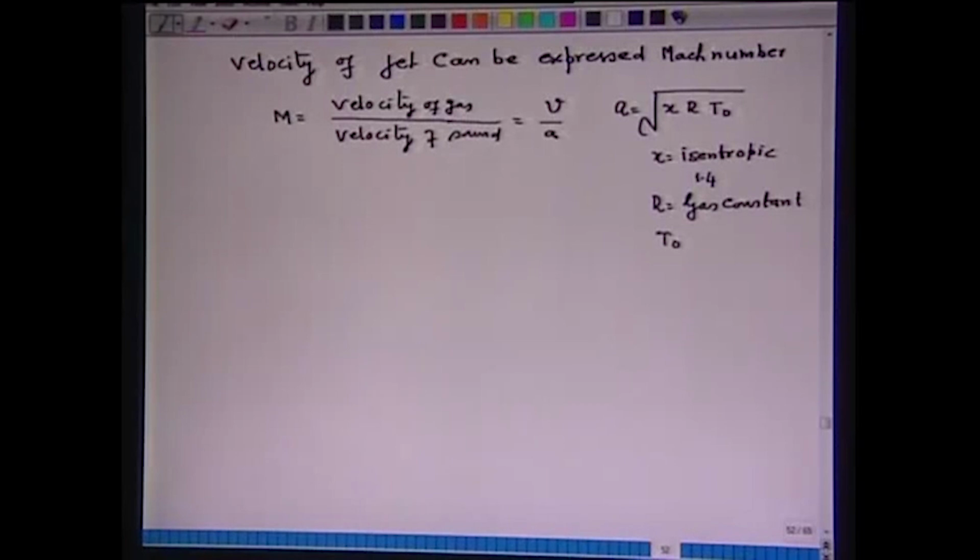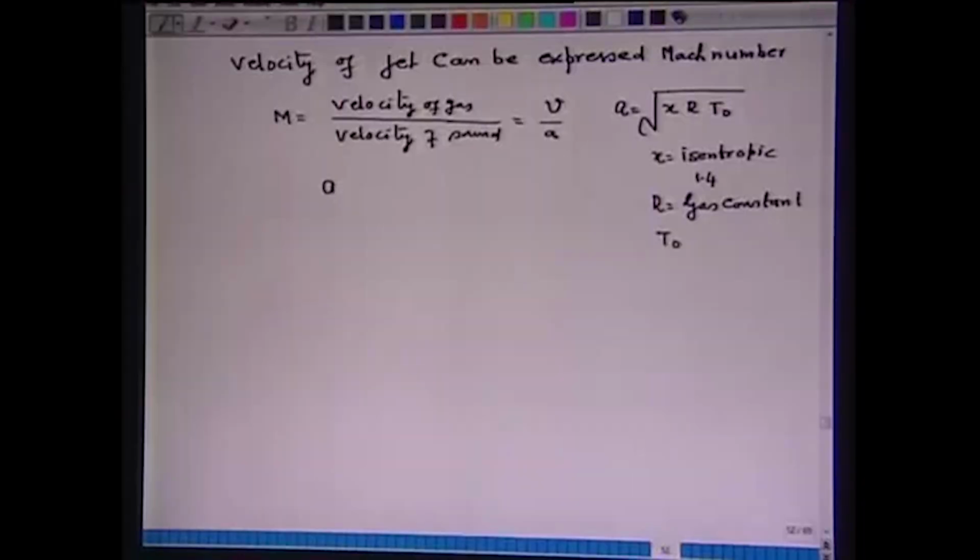T0 is the temperature. Now, suppose I want to calculate the velocity of sound of oxygen at temperature 298 Kelvin, then A will be equal to the square root of 1.4 into 8314 divided by 32 into 298. So, A comes out to be equal to 329 meter per second.